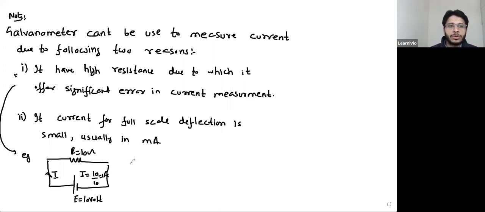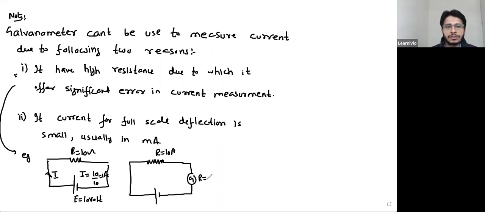Next, to measure this current of 1 ampere, I connected a galvanometer. Let's say the resistance of the galvanometer is 20 ohm. Cell is 10 volt.